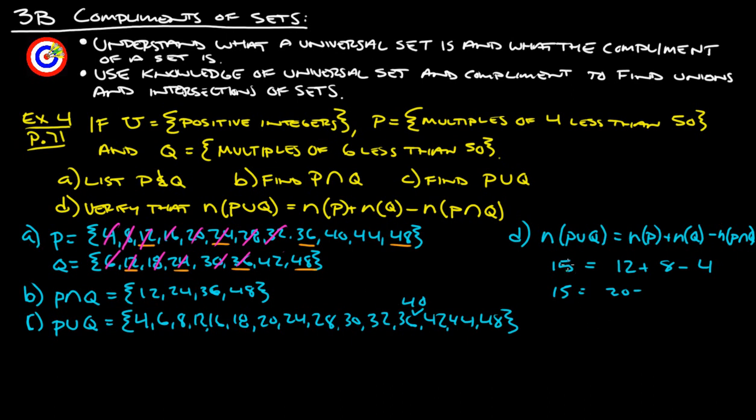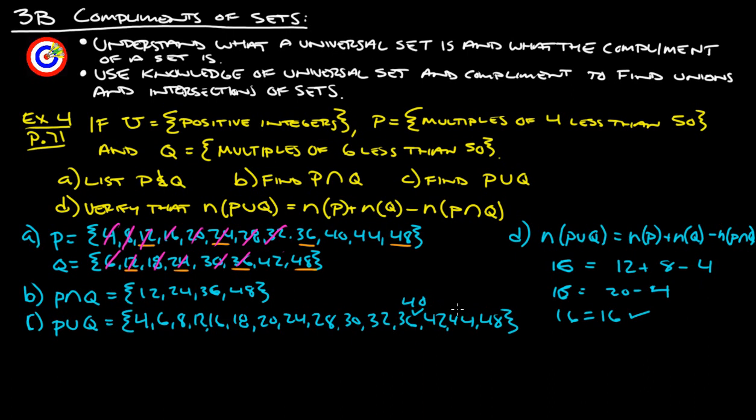Okay, so let's put 40 in there. Alright, so that turns this from 15 into 16. Now we're talking business. 20 minus 4, because 12 and 8 is 20, minus 4, so we get 16 equals 16. So then we're good.